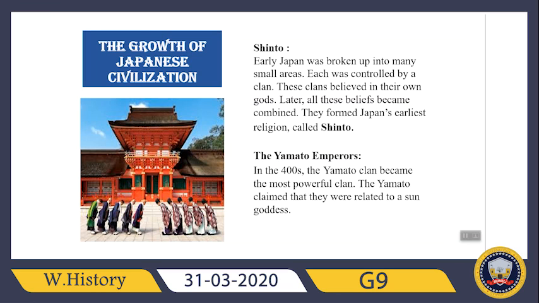Kami were divine spirits that dwell in nature. Any unusual or especially beautiful tree, rock, waterfall or mountain was considered the home of a kami. They believed these spirits lived in beautiful trees, rocks or waterfalls. This was their belief, and this was the Shinto religion.